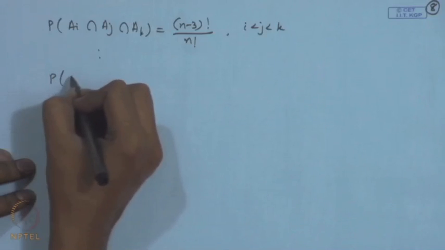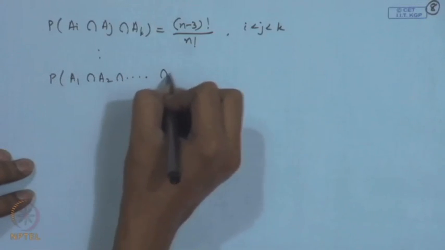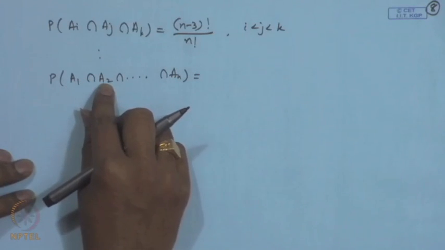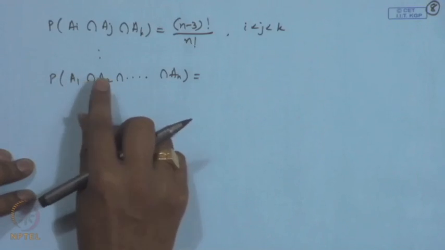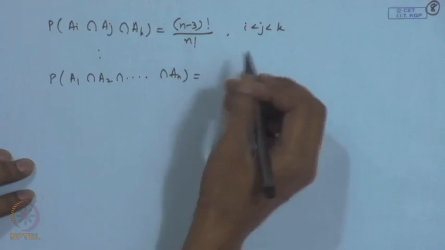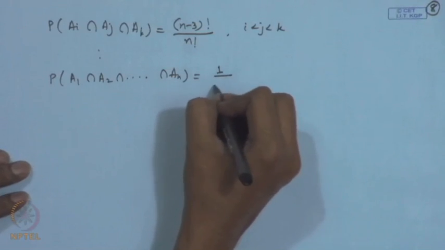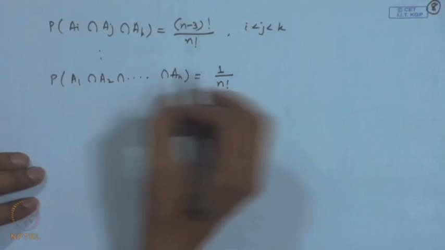Ultimately, what is probability of A1 intersection A2 intersection, say, An? Now, this means each of the objects is in the correct place, that is object number 1, object number 2, object number n. Now, this entire thing can happen only in one way, that means each of them is going to a unique place. So, this probability will be simply 1 by n factorial.